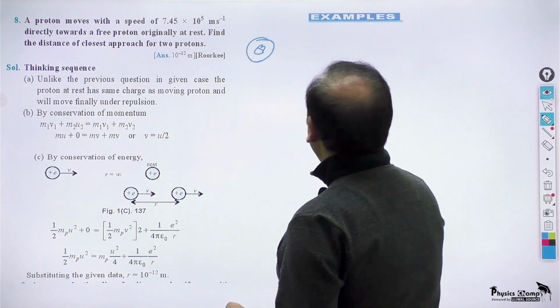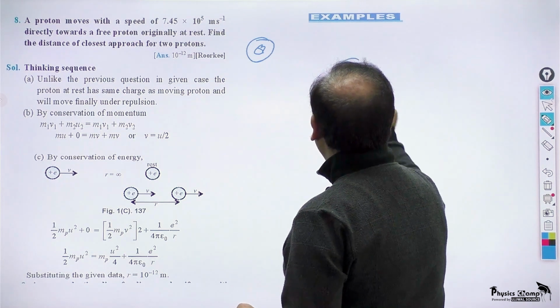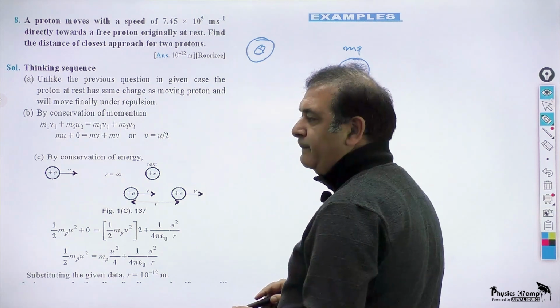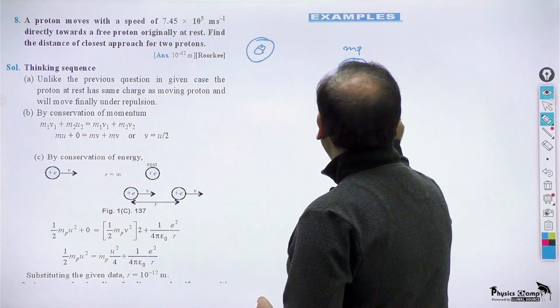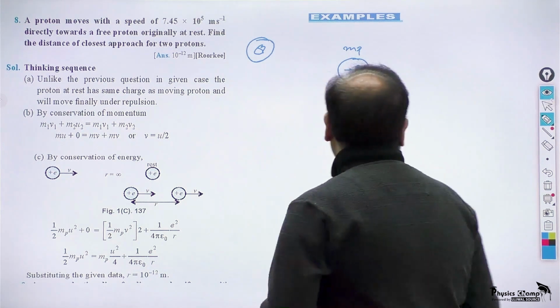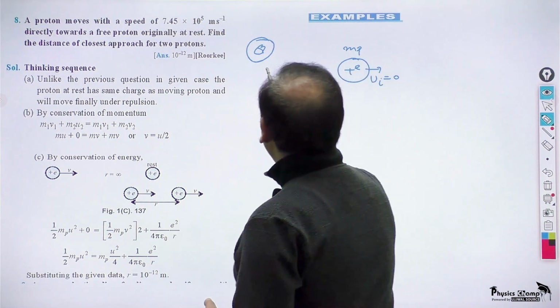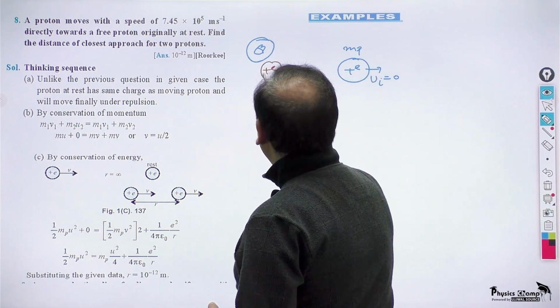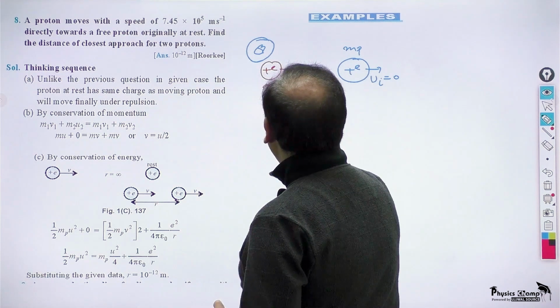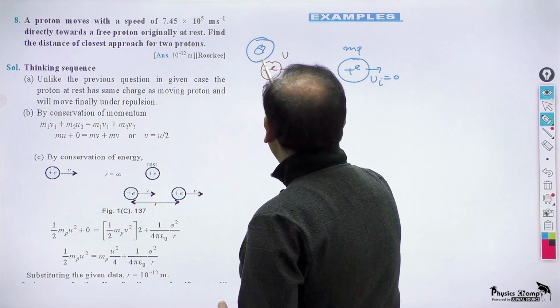Like, you have a proton here. It has a charge and mass mp, and it has an initial speed of 0. And at the same time you have another proton which has a mass mp, but it is moving with some speed u.